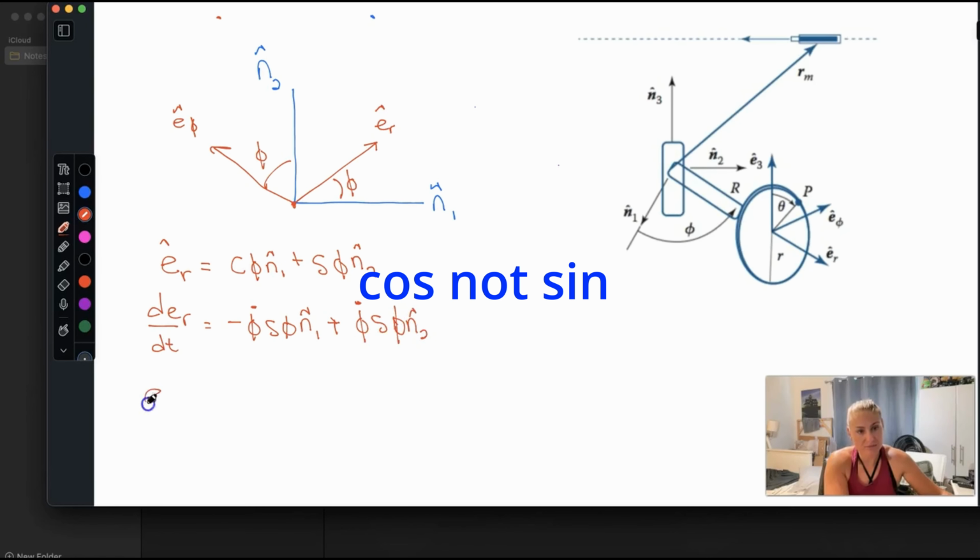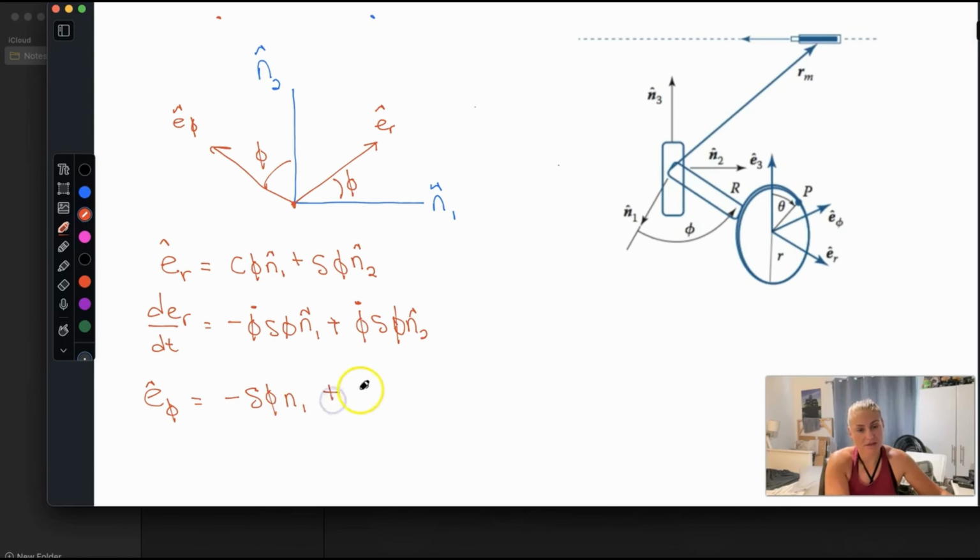We can do the same thing for E phi, and this is going to be negative sine phi n1 plus positive cosine phi n2, and its derivative in terms of time is going to equal negative phi dot cosine phi n1 minus phi dot sine phi n2.